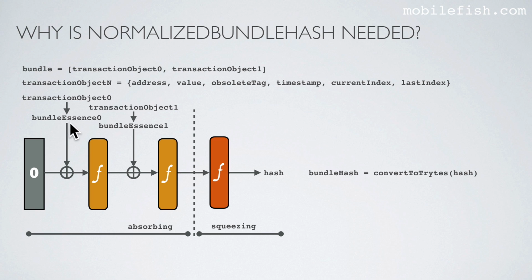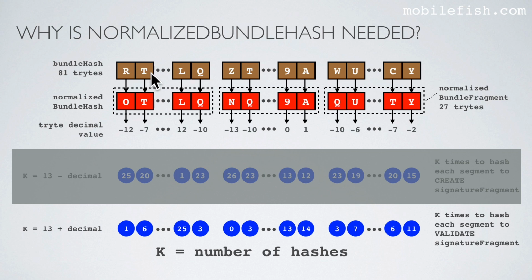If this bundle essence is changed, this value is also changed, which means the bundle hash is changed. If the bundle hash is changed, the normalized bundle hash is changed. And if the normalized bundle hash is changed, the decimal values are also changed, which means the value k, which represents the number of hashes, is also changed.